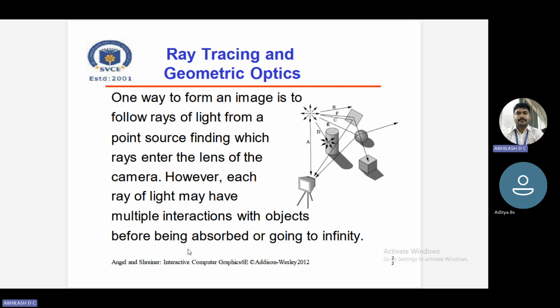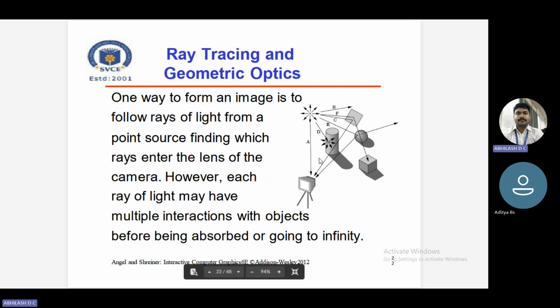So next comes the concept of ray tracing. Ray tracing is a concept of what happens to a ray of light when it falls on an object. There are many sources of light. We have a bulb, a tube light, a spotlight, sunlight, different types of light sources.